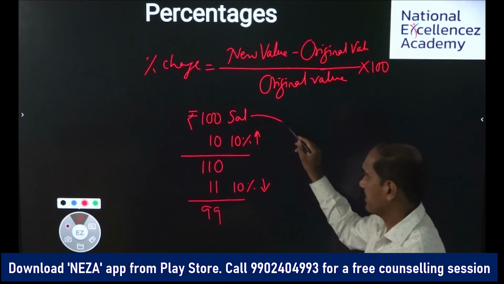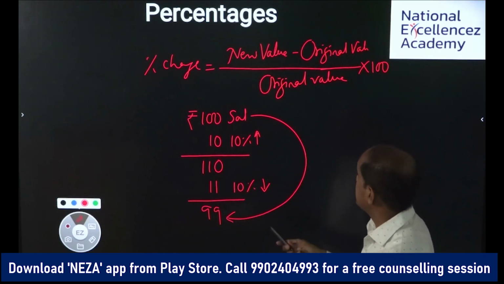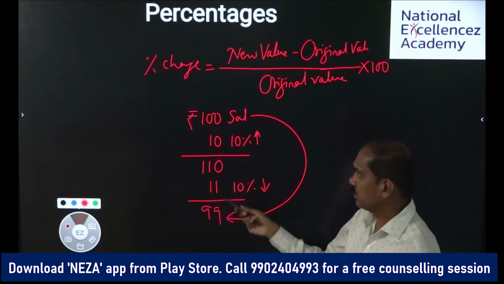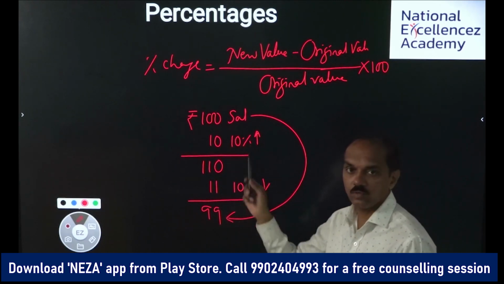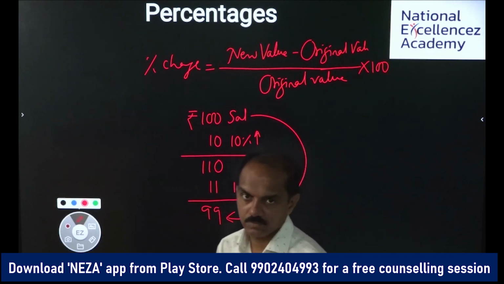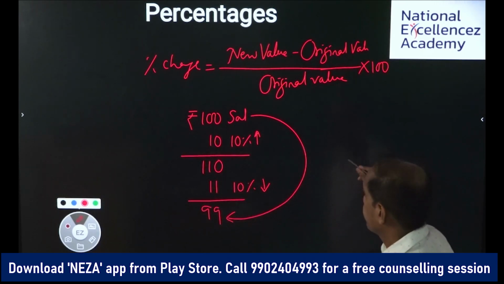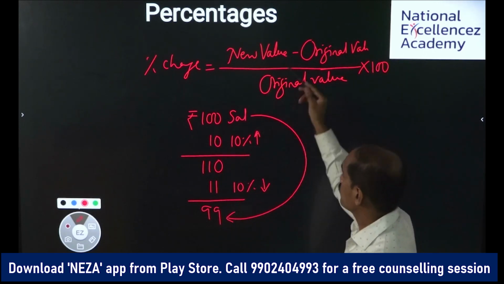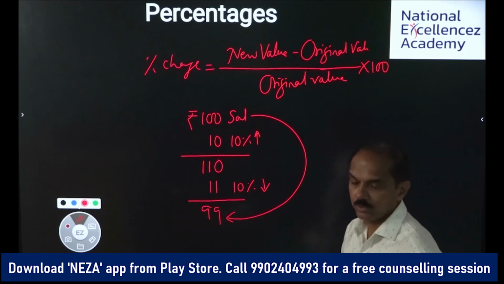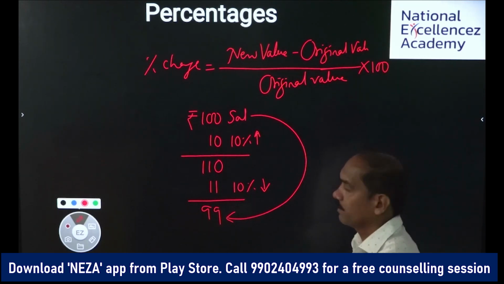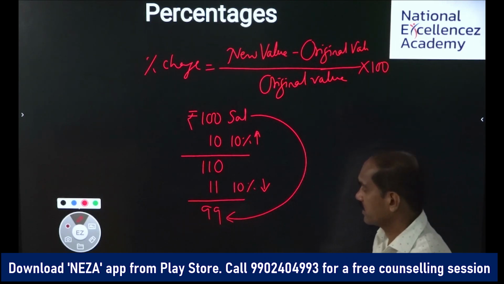Earlier it was 100, now it has become 99. This is the new value, this is the original value. Rise or fall is always on the original figure. So the difference between these two should be kept in the numerator and the original value in the denominator, into 100, which will give you the percentage change, right? Effective percentage.